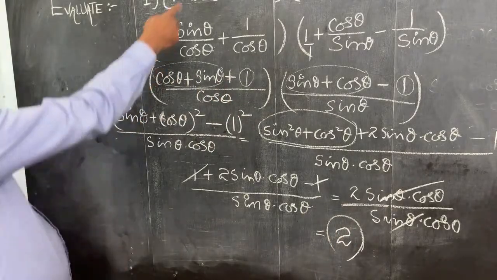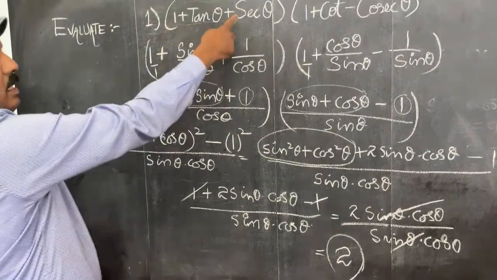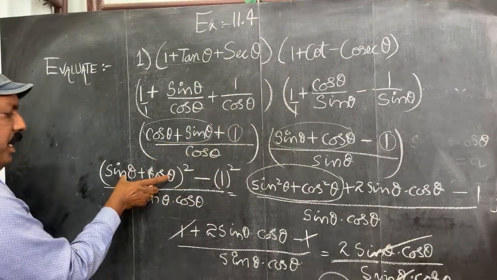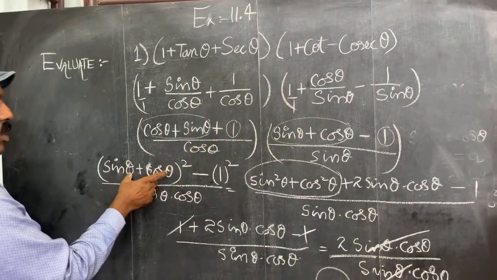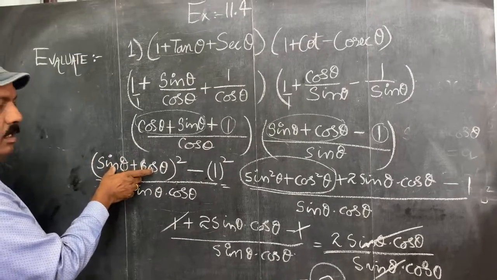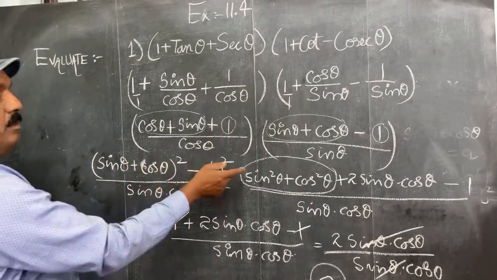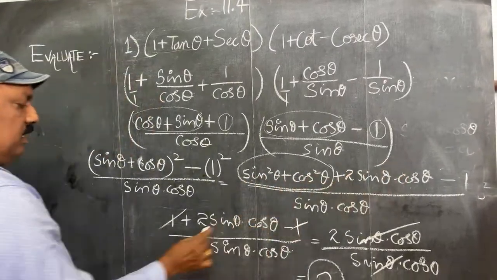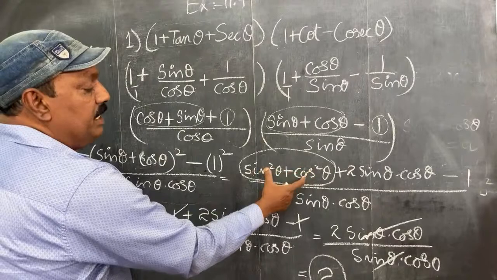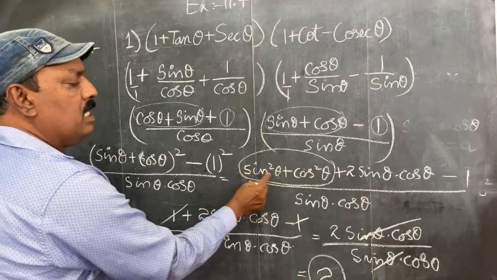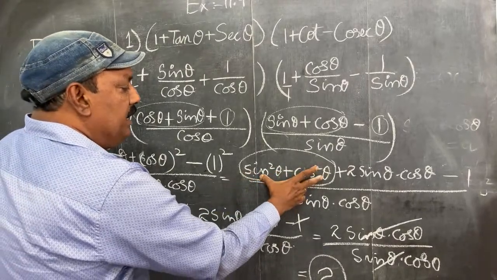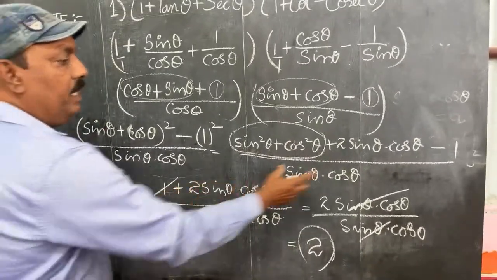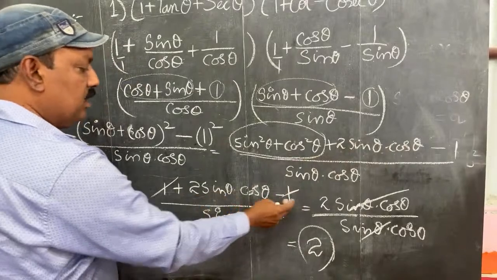Once again you see we are converting here. Conversion is over. Then LCM. Then A is considered as sin theta plus cos theta. This once again is going to be in the form of (a plus b) whole square, a square plus b square plus 2ab, and 1 cancel. Here identity 1 we are using in place of sin square theta plus cos square theta. In this place I am replacing 1. So remaining 2 sin theta cos theta minus 1 is there.